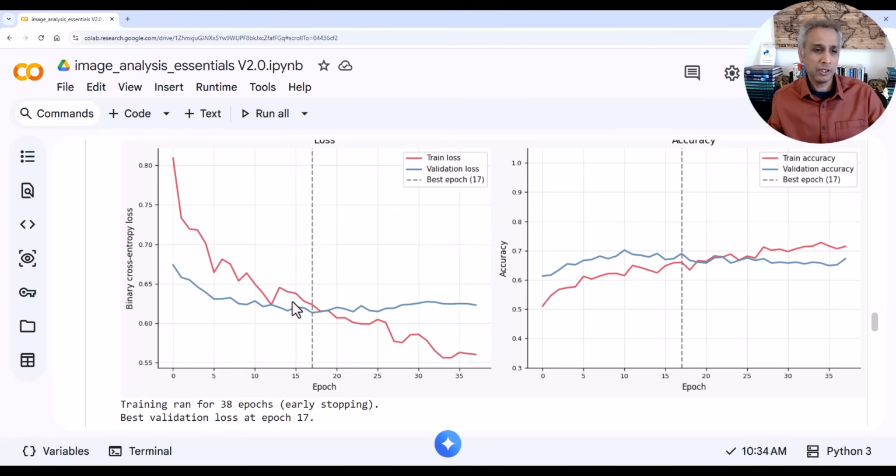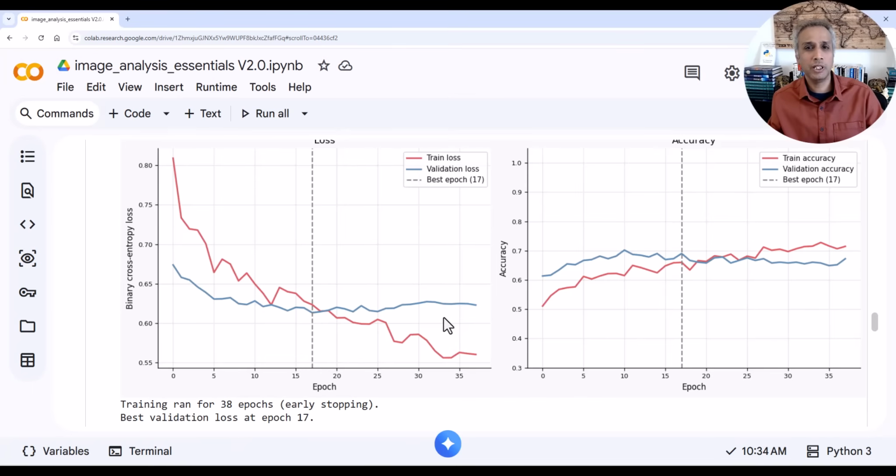The other thing that's important is this blue line, which is the loss for the validation data, which is our test data, right? We split our data into training and testing. The training curve is this red one. And the testing data never got into the training model. So this difference tells us the model is overfitting.